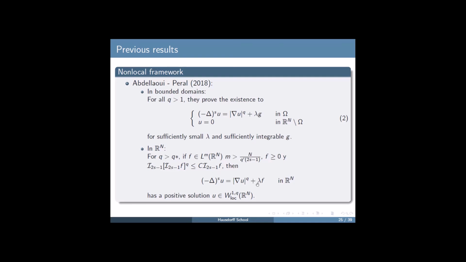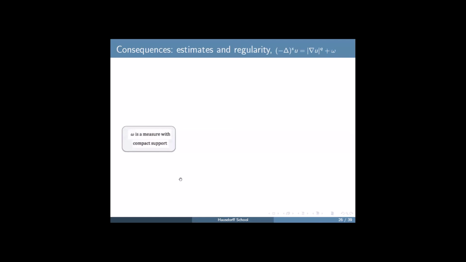So we have measures here, but our measure has compact support, so there are some differences between the results. There are some estimates that we can get from our result. If omega is a measure with compact support, we can get the following.